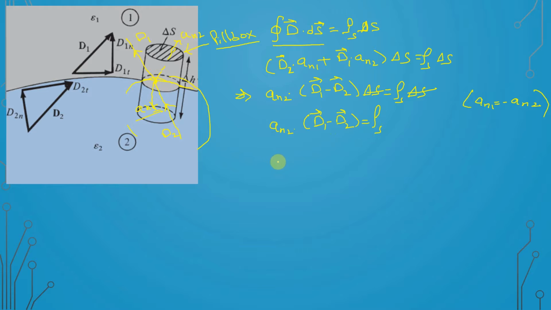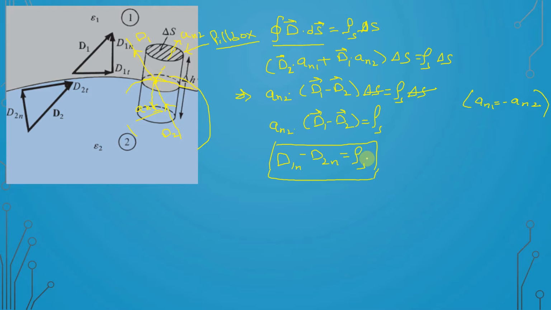Or simply you can write this, because that will give us the normal component, not the tangential component here, because of that surface. So we can write D1n minus D2n is equal to rho s. So this is the value of the normal component.